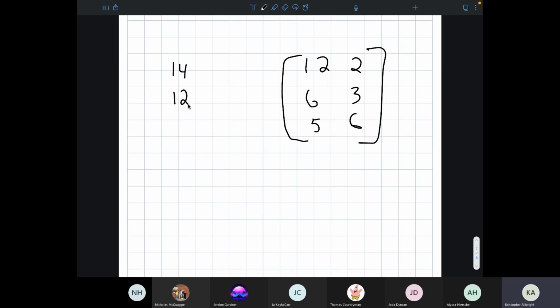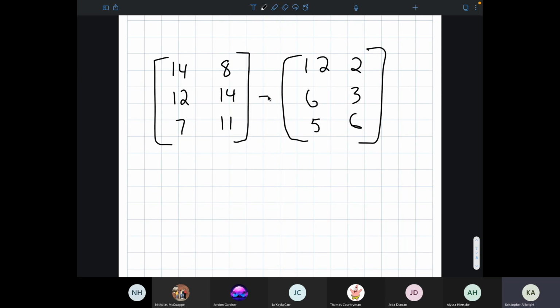I'm just going through the table: 8, 14, and 11. We're doing a subtraction problem because we want the number of magazines remaining on the rack. So if store A has 14 and store A sells 12, then this is what it's going to give.